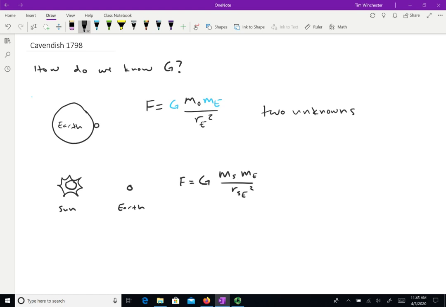Well, we know that distance, and the mass of the Earth we don't know, and here we don't know the mass of the sun either. Okay, but we can figure out the force.